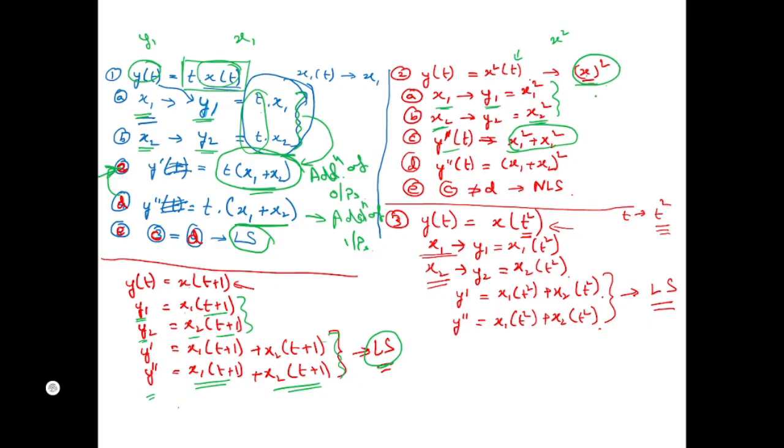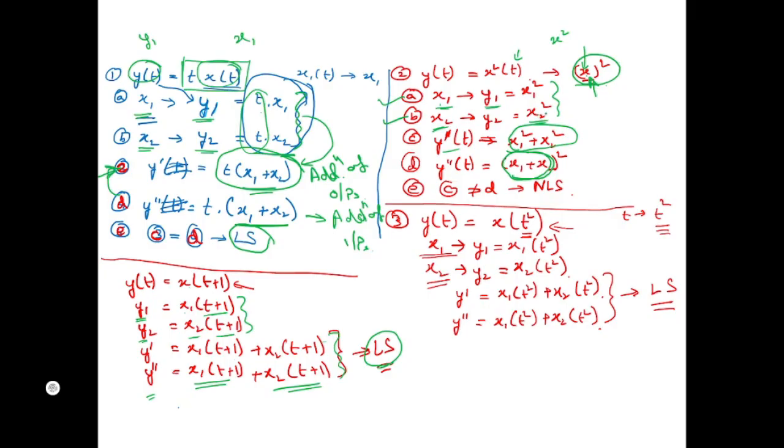What is the input? Input is x. So what is changing? The input is changing to x1 plus x2. Are you getting my point? Here the input is x and we are having a power on that. So in A and B, when we change the input to x1, output is x1 square. When we have x2, output is x2 square.